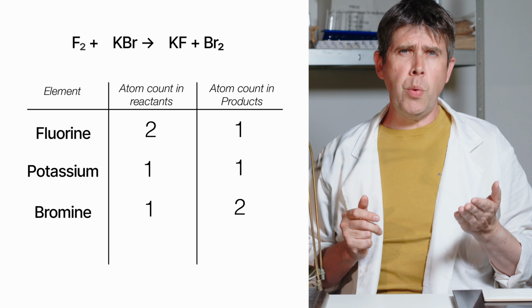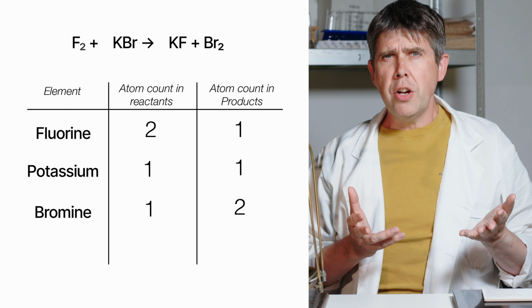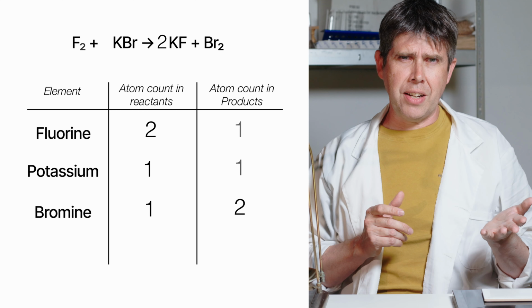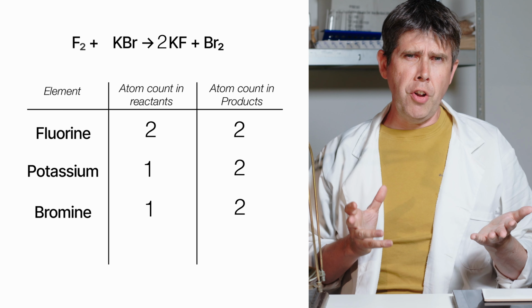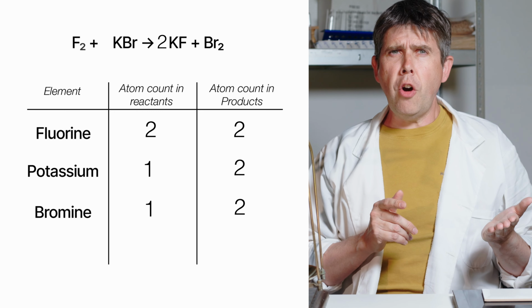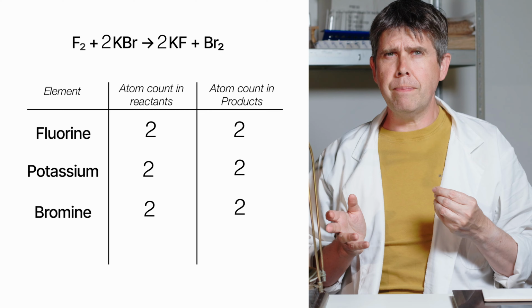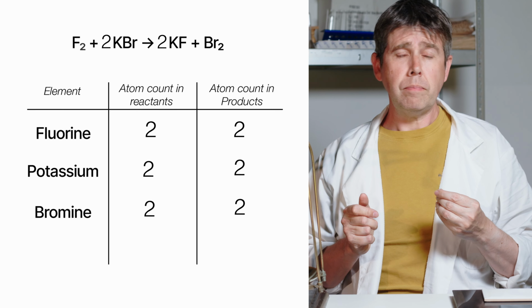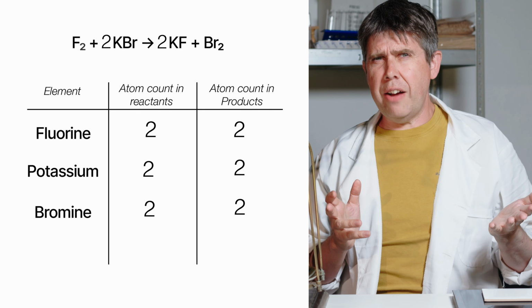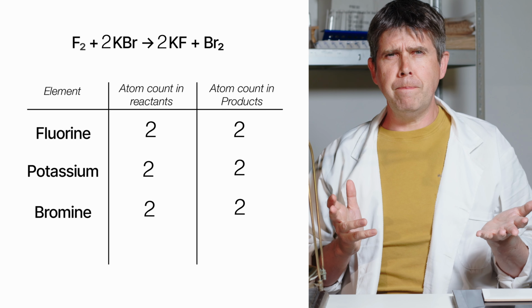The only compound with fluorine in it on the product side is potassium fluoride, so let's have 2 units of that. Now, that's sorted fluorine, but it's knocked the potassium off balance, so we'll go for 2 potassium bromides and then recheck. And yeah, that's everything balanced. So once again, we're done.